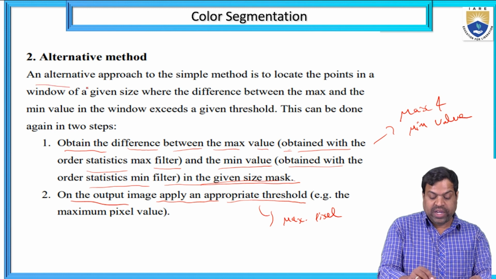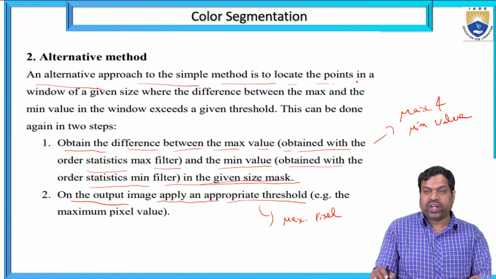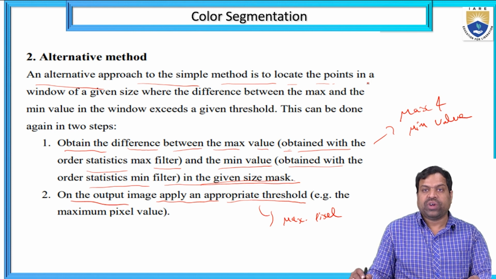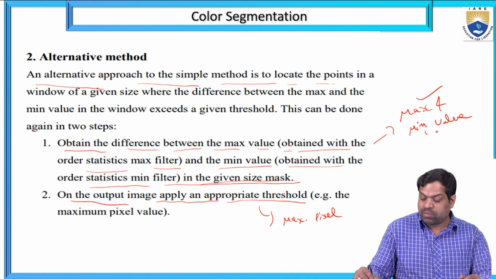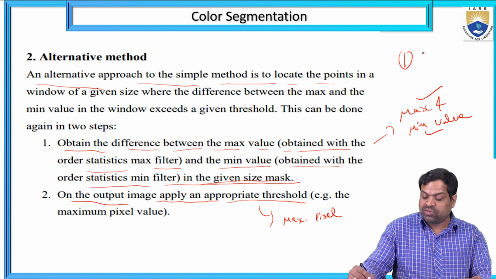An alternative approach to the simple method is to locate the points in a window of a given size where the difference between the maximum and the minimum values of the window exceeds a given threshold. This can be done again in two steps. For any image we have to go for filtering and thresholding.